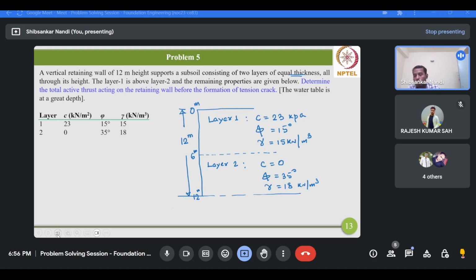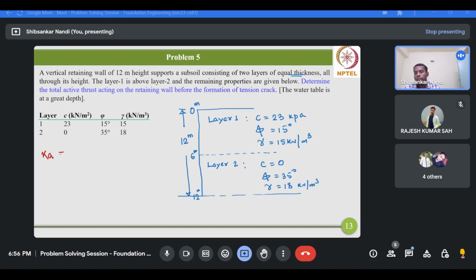So first of all, we have to calculate the individual coefficient of active earth pressure for each of these layers. So please cooperate with me and calculate the active earth pressure coefficient for layer 1 and layer 2.